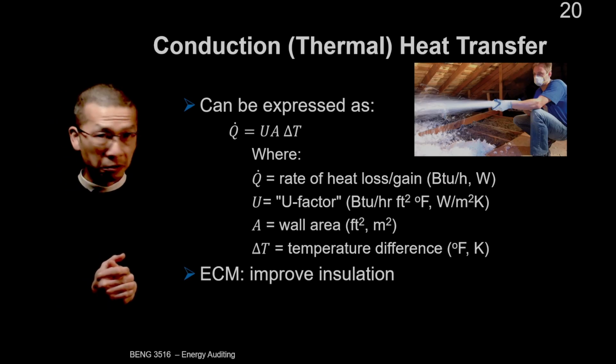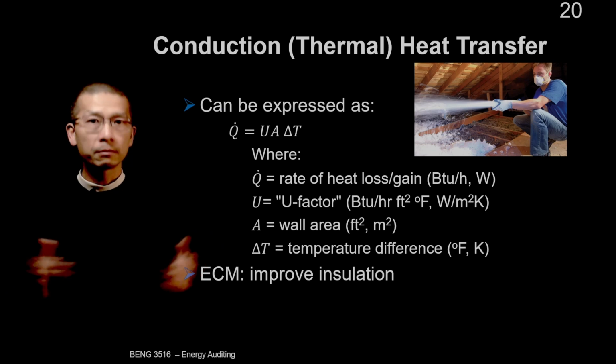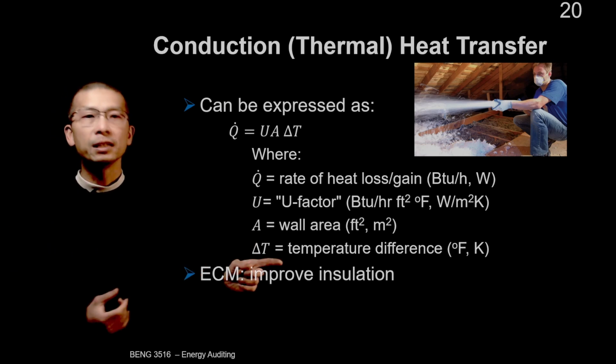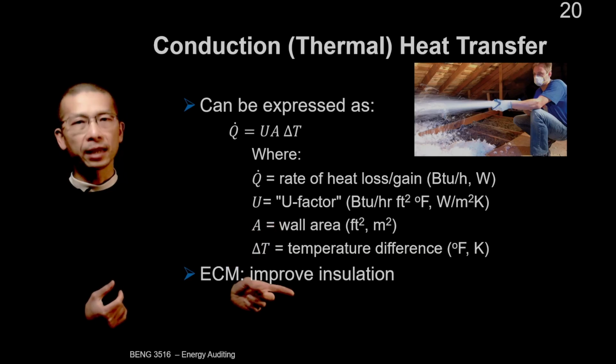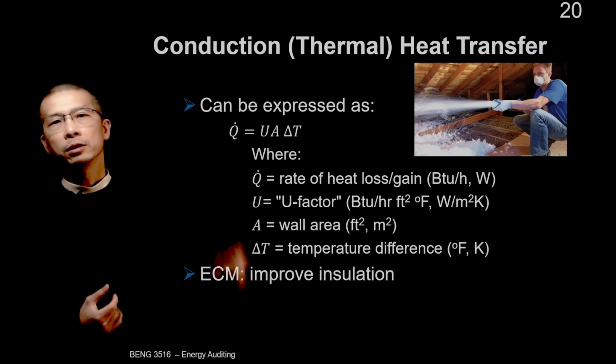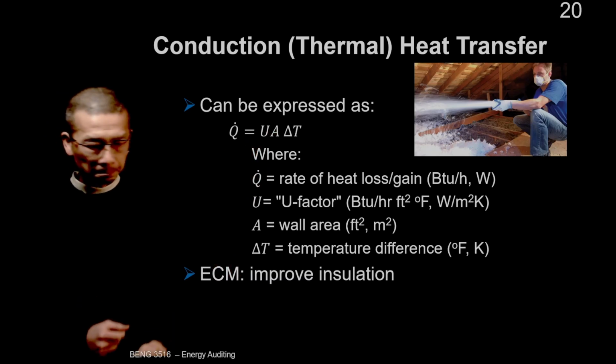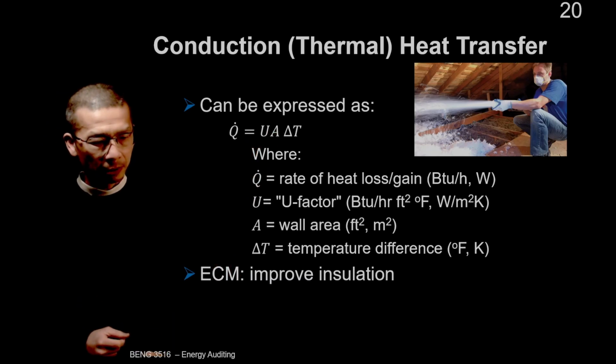Delta T, of course, the temperature difference, is the driving force. So yeah, improve insulation. This is what we can do. Reduce thermal bridging and improve insulation to reduce the heat transfer.